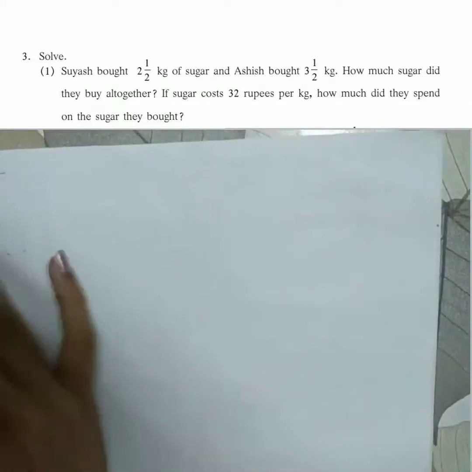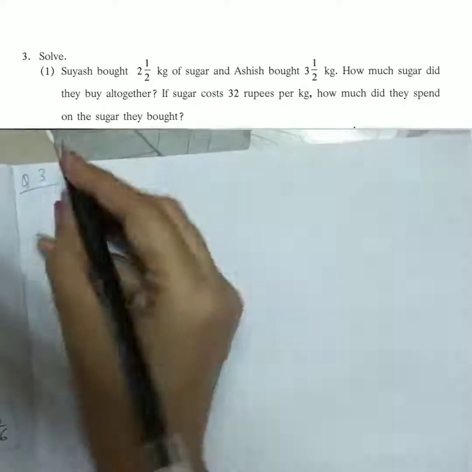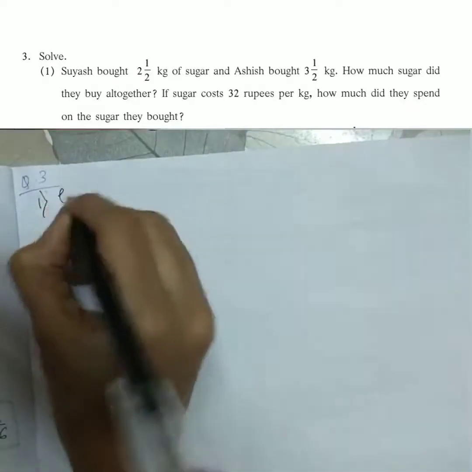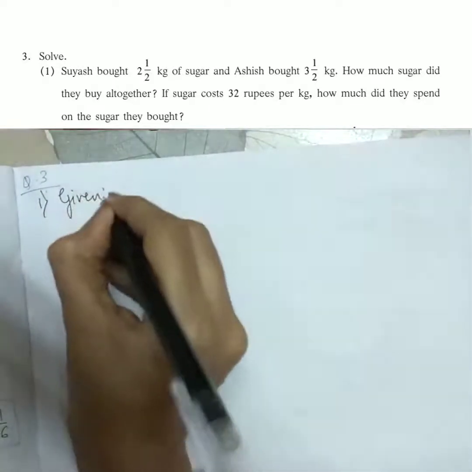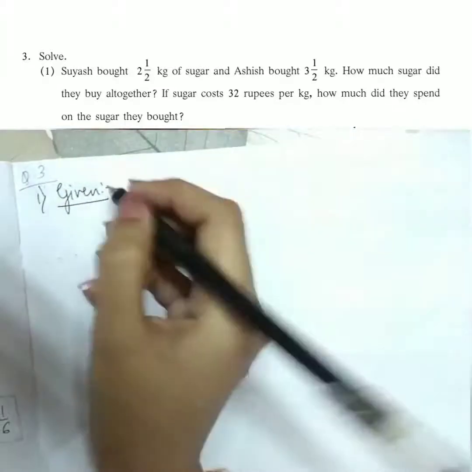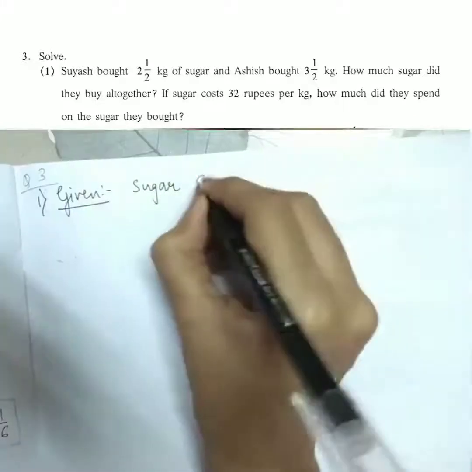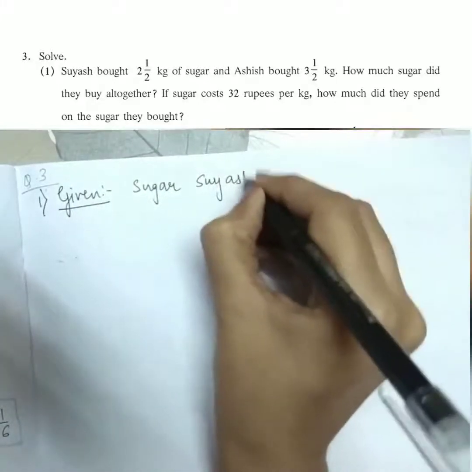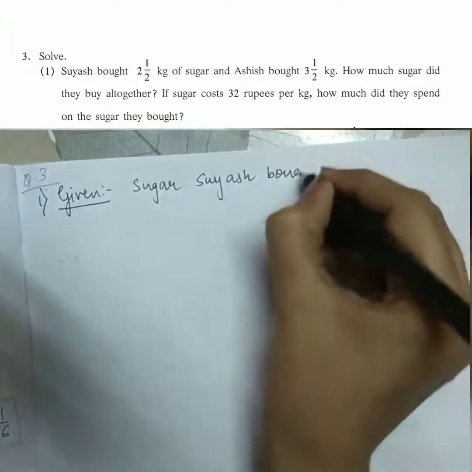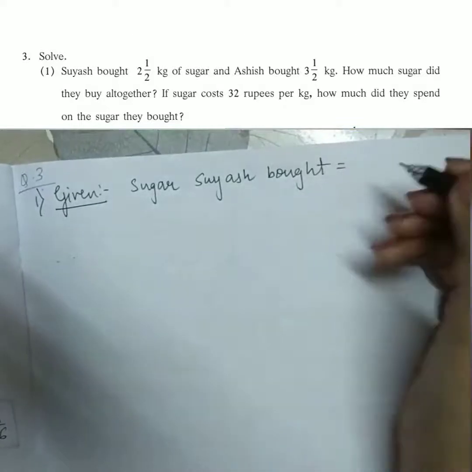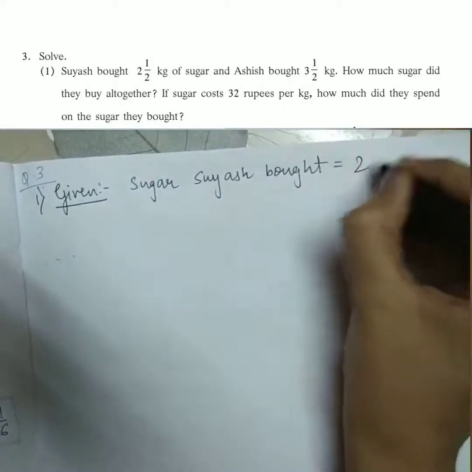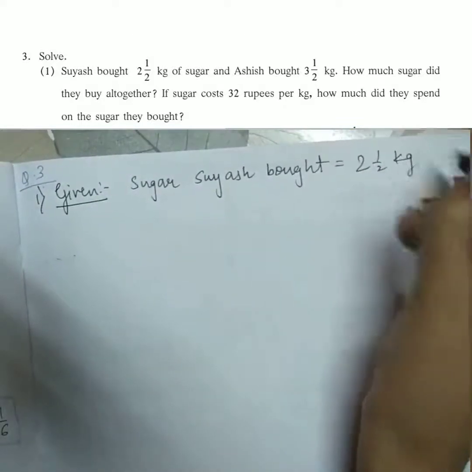Now every time in a word problem we have to start with given. So first one, given, it will be sugar Suyash bought. How much sugar he bought? 2.5 kg.